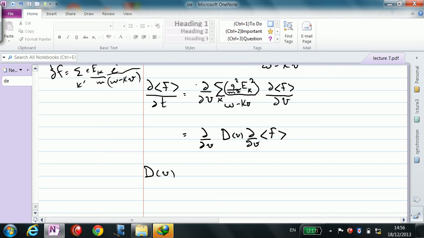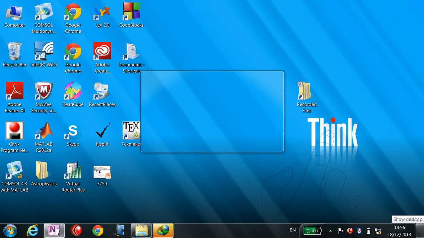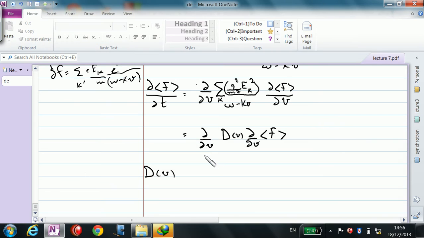I'm assuming a discrete number of modes when I do that sum, and there are just going to be terms where k equals k prime and k doesn't equal k prime. I'm keeping the denominator just as it is.